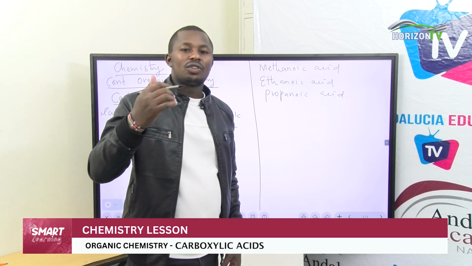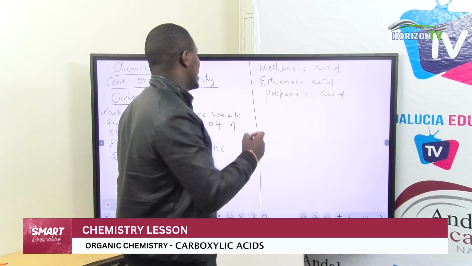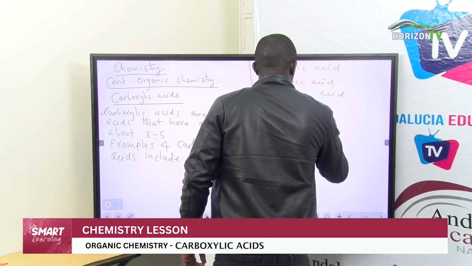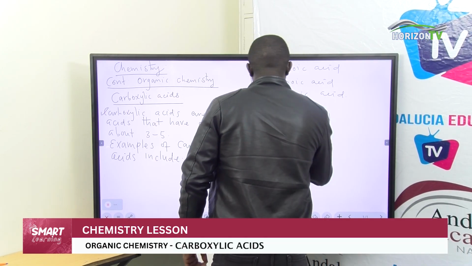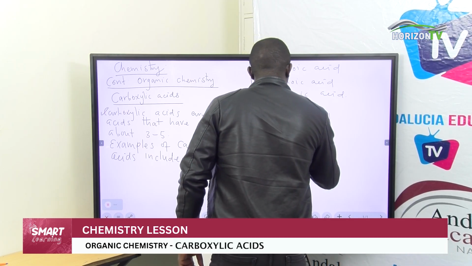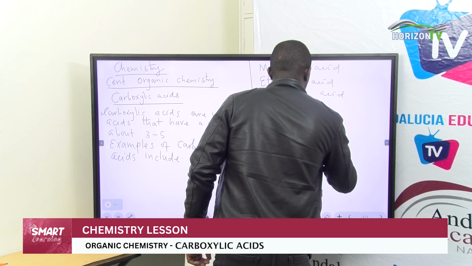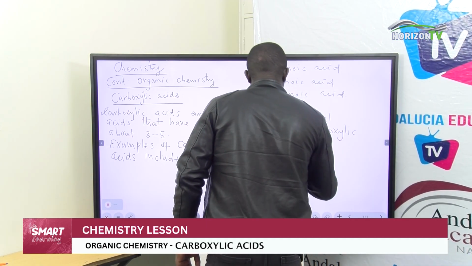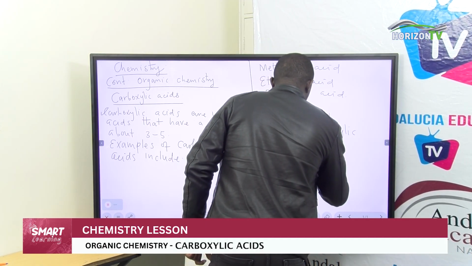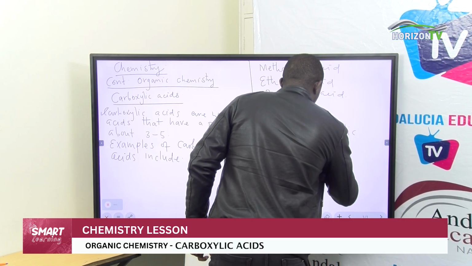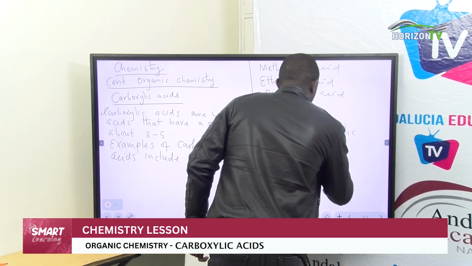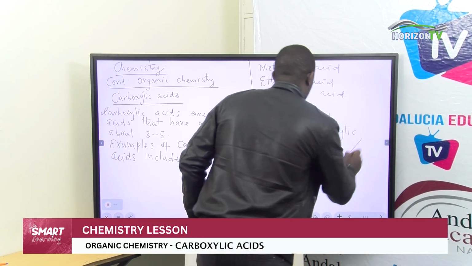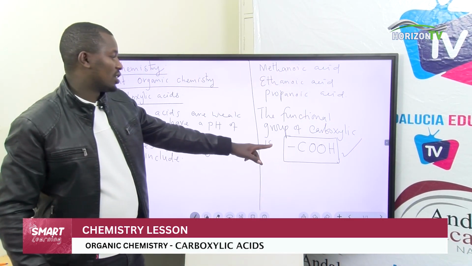The functional group of carboxylic acid is a single bond, and we have carbon, 2 oxygens and hydrogen. This is the functional group of carboxylic acids.